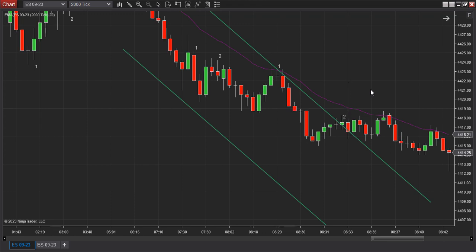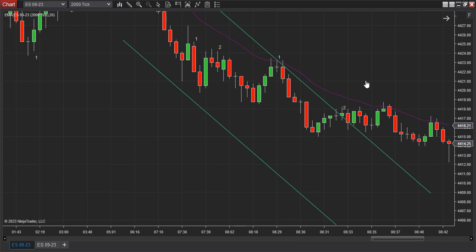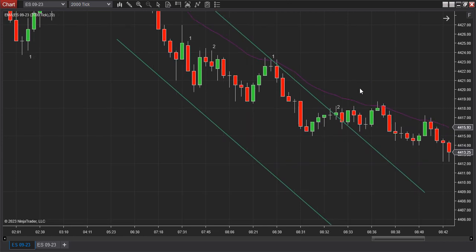Now here we get to a very interesting point in time. This second entry ended up being in the middle of a range here. It was at a key entry point, and if you took this, you would have been just briefly stopped out. That happens sometimes.